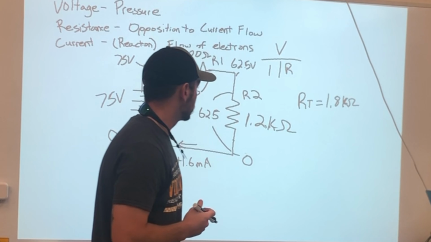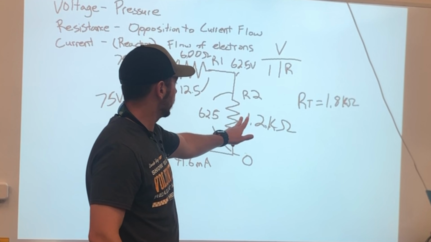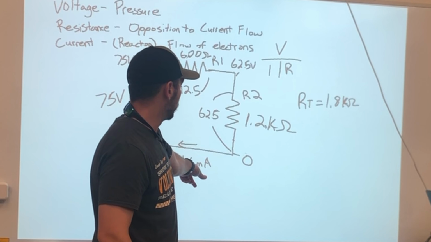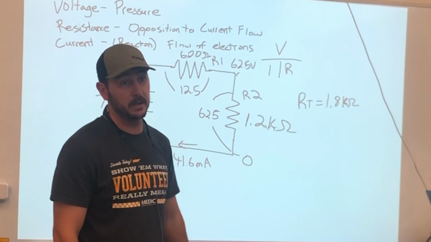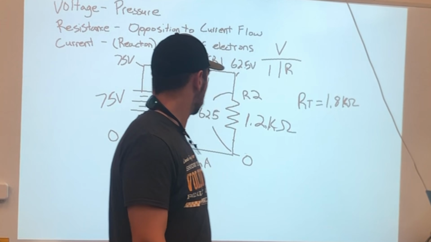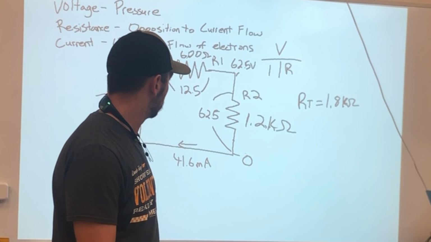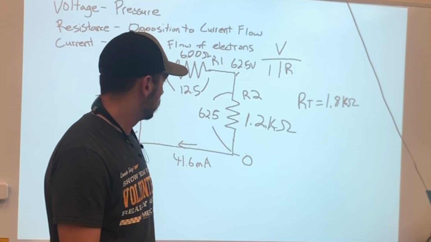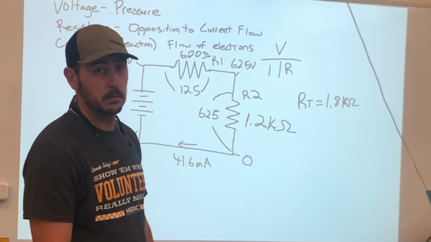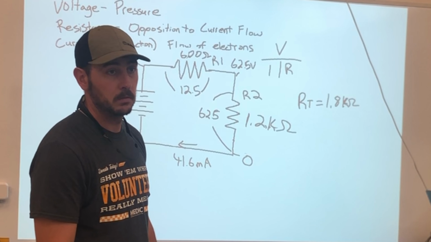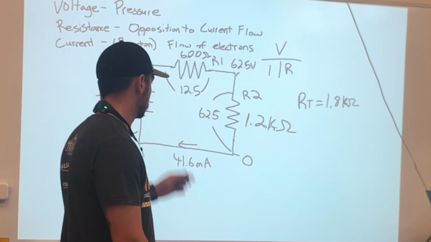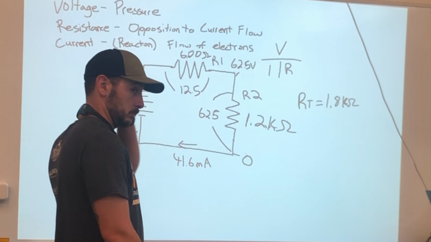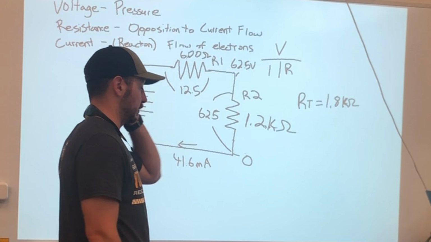Okay. So, we got 41.6 milliamps. Did y'all multiply it by 1200 ohms and see if it comes out to 62 and a half? Should be somewhere close to it anyway.